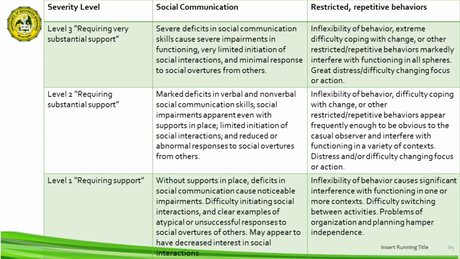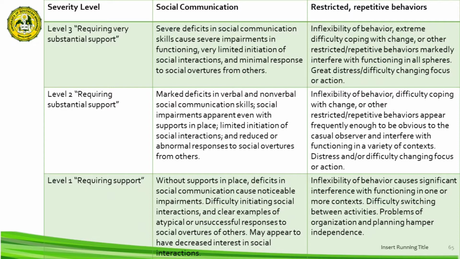Lastly, level 3 requires very substantial support because there are severe deficits in social communication that cause severe impairment in function, and restricted, repetitive behaviors markedly interfere with functioning in all spheres. Also, great distress or difficulty changing focus or attention.